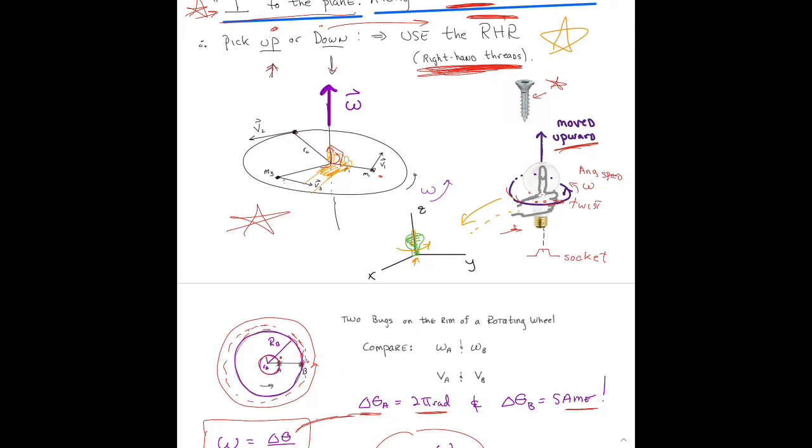If you take your hand to twist the light bulb, think about the light bulb rotating in the XY plane, and the light bulb moves up in the Z direction. So we'll also see when we get to the subject of torque that the XYZ Cartesian coordinate system is a right-handed coordinate system. When you take something like the x-axis and you start twisting it toward the y, that light bulb is going to move in the z direction.